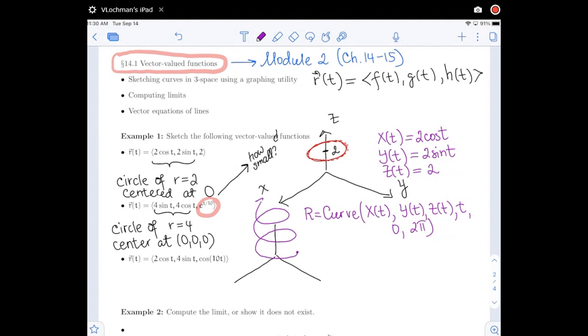So a good exercise would be to graph this function using GeoGebra. See if you can figure it out. Just follow the example I've provided for you on Blackboard. I think I provided 5 cosine t, 5 sine t, t.